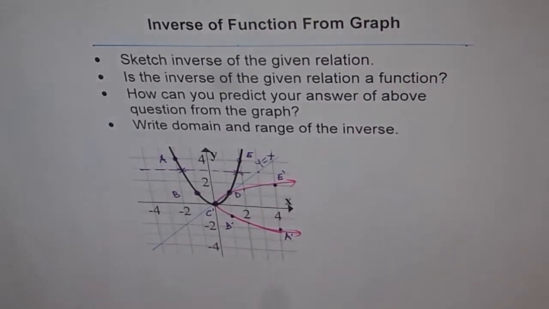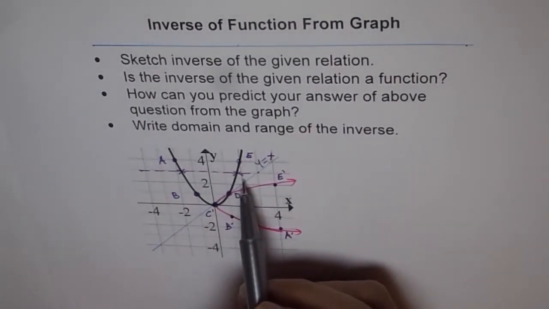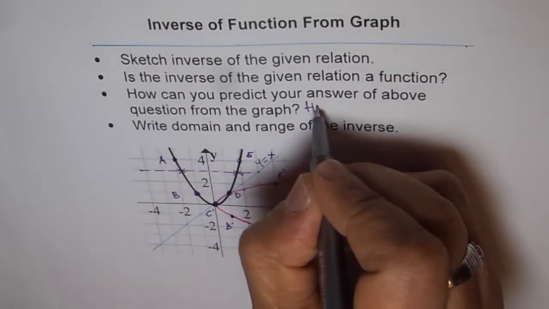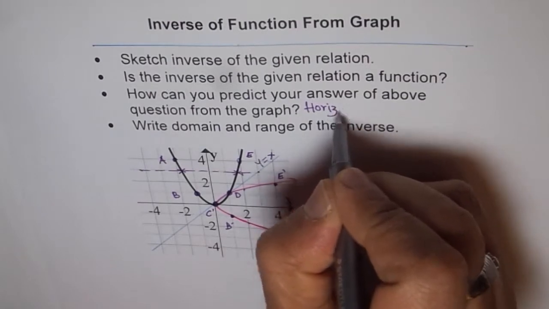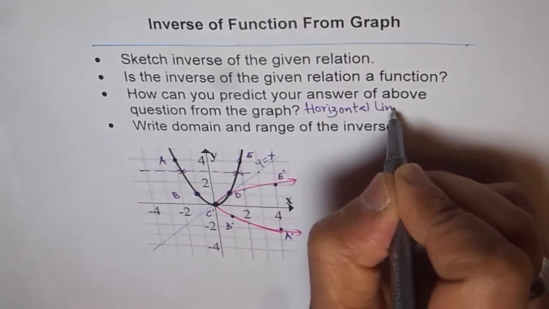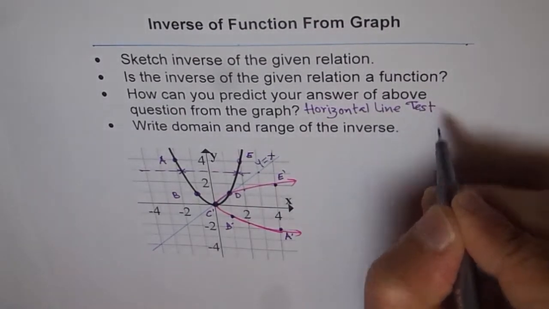Since the vertical line will cross at 2 points, it will fail the test for a function. Therefore, you could always test whether the inverse is going to be a function or not using the horizontal line test. So remember that. So we have the horizontal line test to check if the inverse is going to be a function or not.